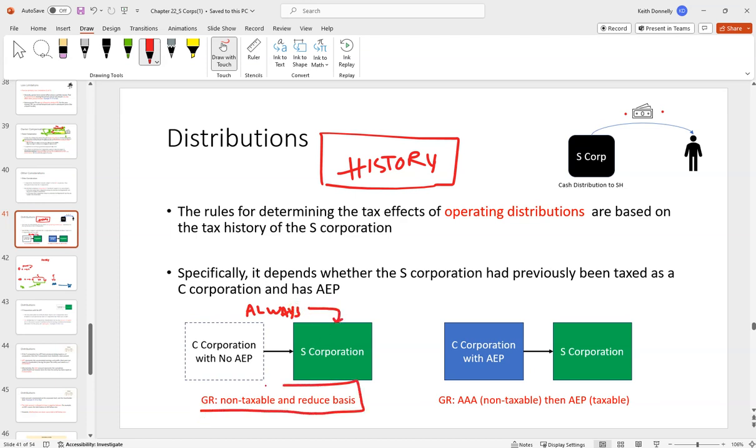The general rule is that when the shareholder receives a cash distribution, it's not taxable and they just reduce their basis. Pretty easy.